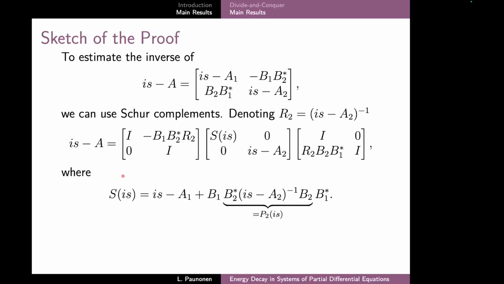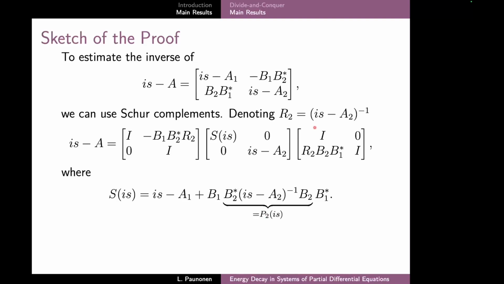And S in our case has a very specific form, which consists of sI minus A1, and in addition this term which involves all the three other operators in our block operator. And here we can note that the middle part of this last term is in fact exactly the transfer function of system 2. And this is nice because we posed assumptions on P2, so this gives us an opportunity to use those assumptions as well.